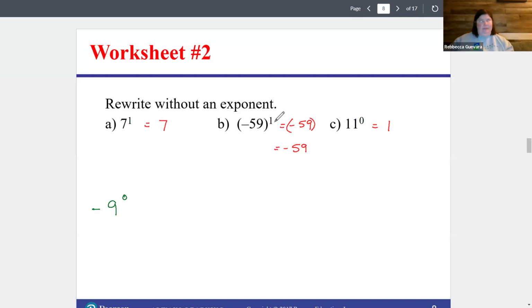If I have 11 to the power of 0, anything to the power of 0 is 1. Now, if I had negative 9 to the power of 0, remember this 0 is acting only on the 9, not this negative out here. So this part still becomes 1, but we still have to keep that negative out there. So it's going to be a negative 1.